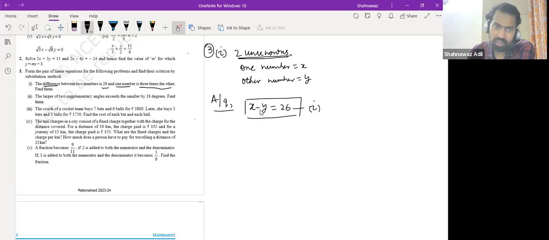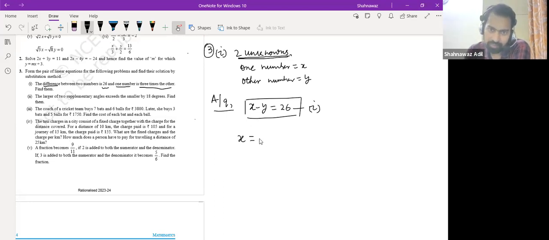And what is the second equation? One number is thrice the other, right? So x, which is the larger number, is thrice the other number.